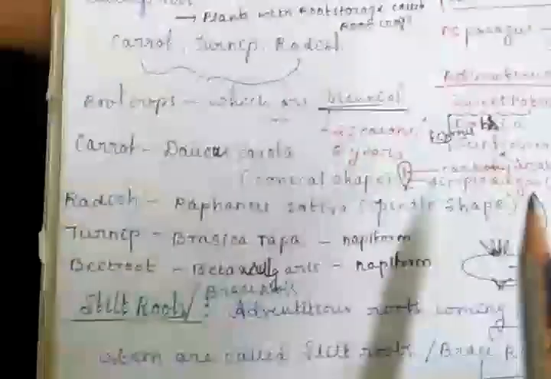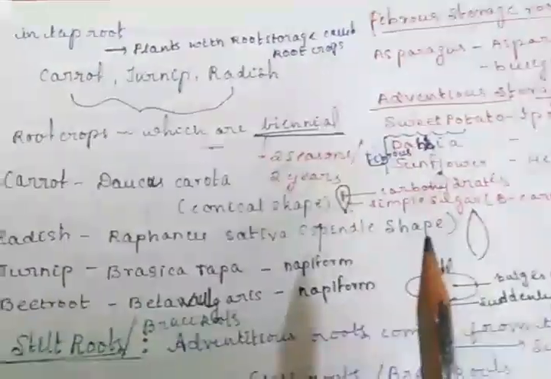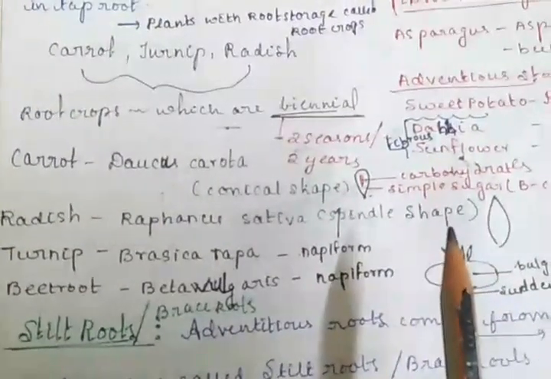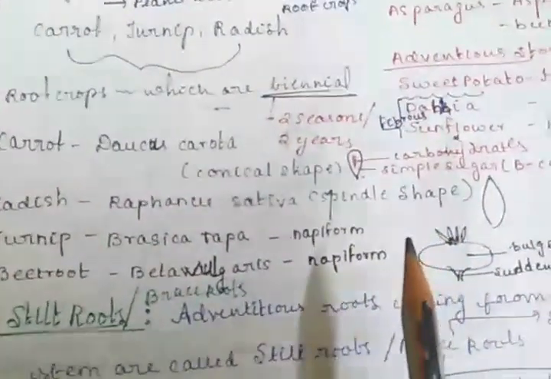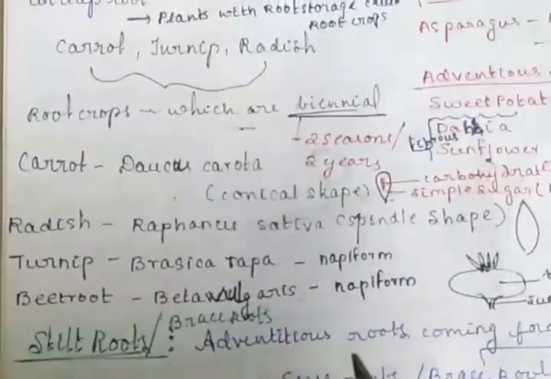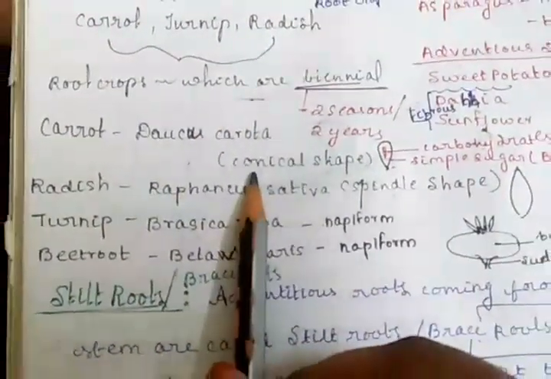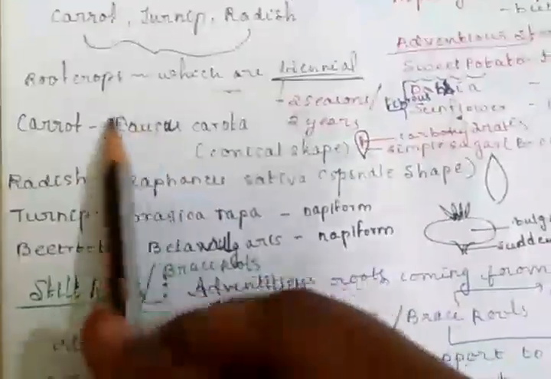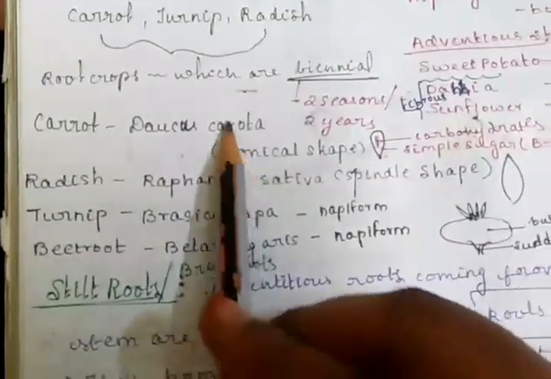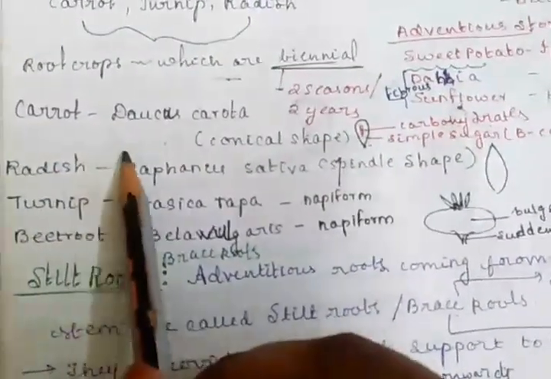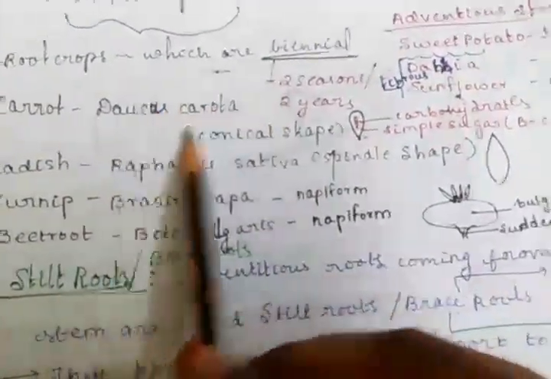Scientific name follows binomial nomenclature according to ICZN, ICBN, etc. Binomial nomenclature consists of two names: one is genus and another is species. Genus should be written starting with a capital letter and species should be written in small letters. Okay. Carrot's botanical name is Daucus carota.